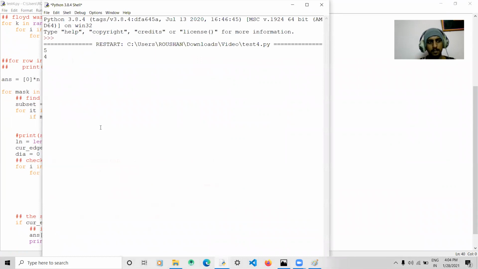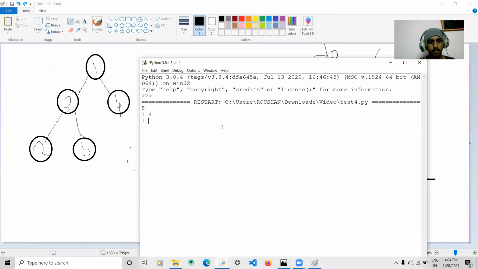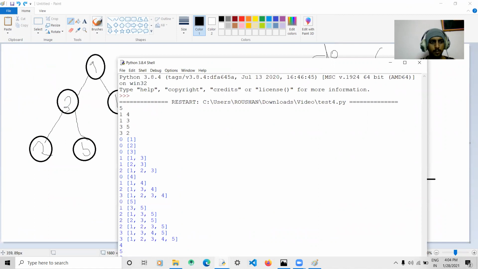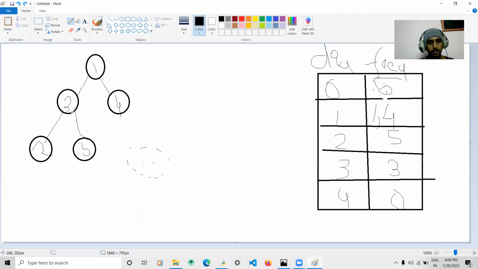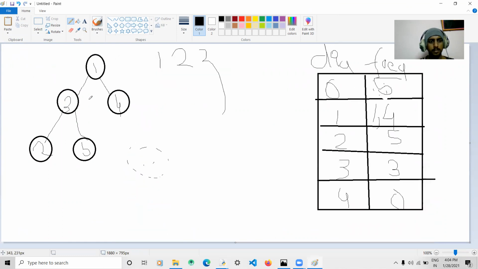5, 4, 1 to 4, 1 to 3, 3 to 5, 3 to 2. So 2 goes in 1 to 3. So 1, 2, and 3, that is 1. And it goes in 1, 3, and 4.